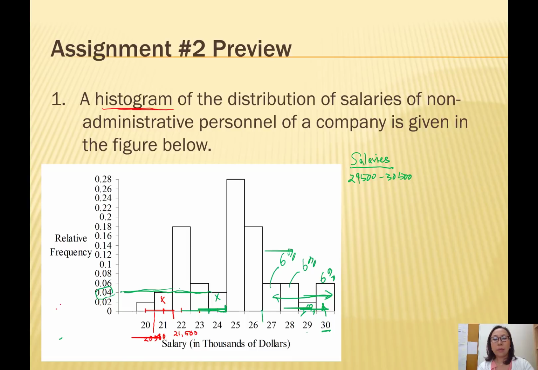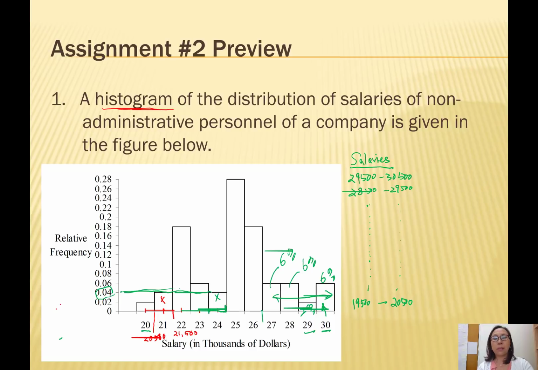And the next one, the number 29, is representing 28,500 to 29,500. Okay. So in a similar way, you will write down all the salaries all the way down to the bottom, where the number 20 is what that is representing, which would be 19,500 to 20,500.